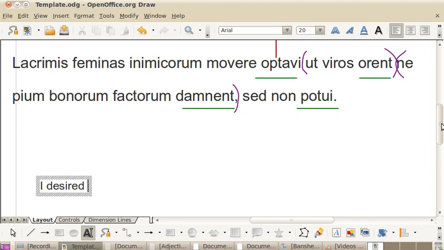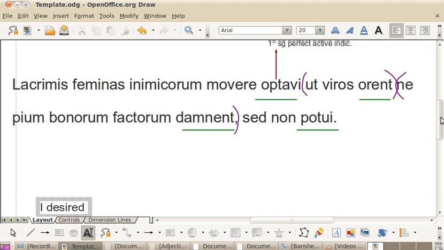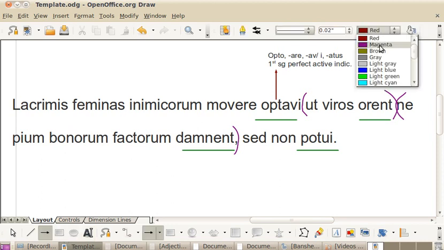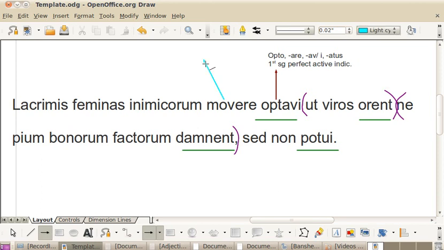And if we look here in the sentence, right to the left of optavi, we see movere. So let's identify movere. I suspect it's an infinitive, but it's always good to confirm your instincts here. So let's put movere up here.